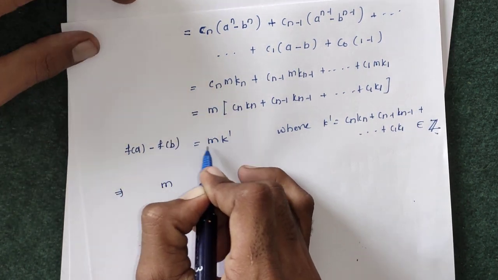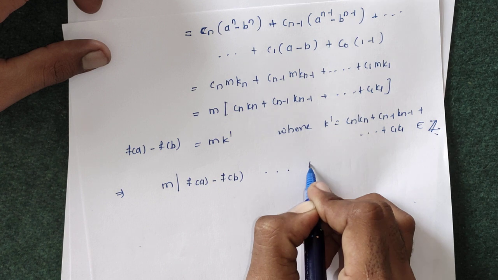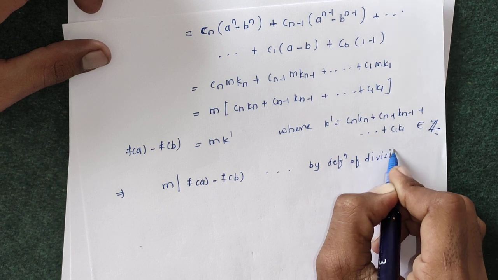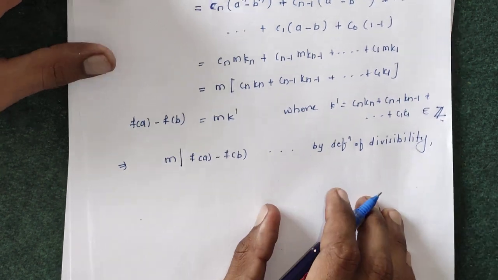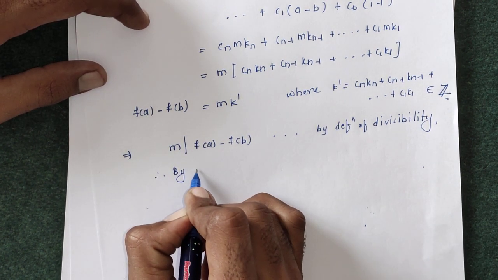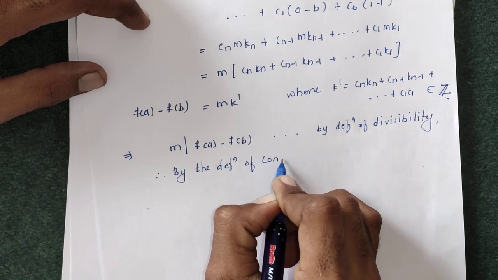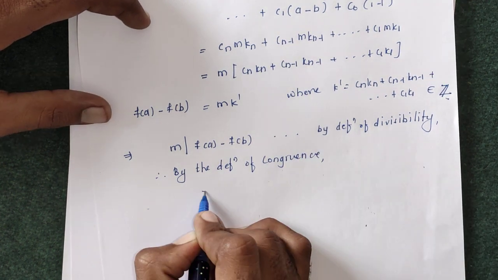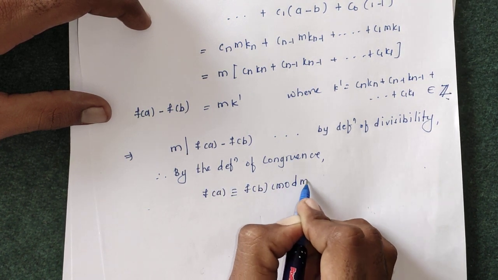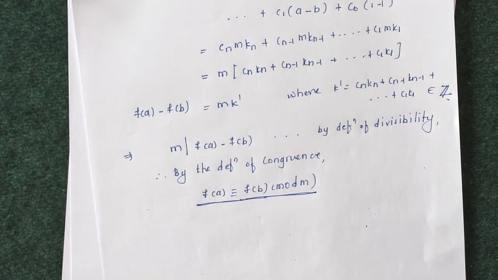From this step we can clearly say that m divides f of a minus f of b by the definition of divisibility, and by the definition of congruence, therefore f of a is congruent to f of b mod m. Hence the proof of this theorem.